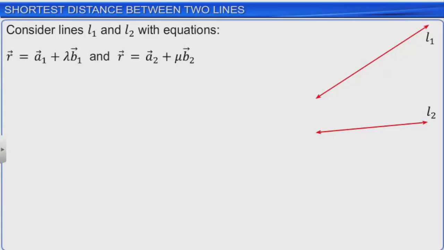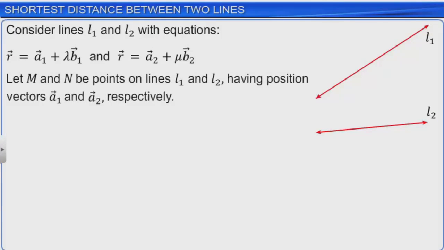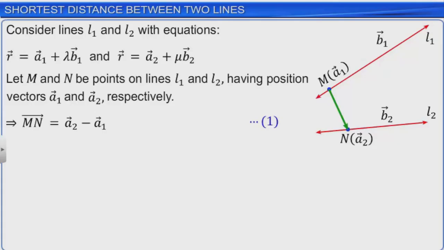Here, A1 and A2 are the position vectors of points, say M and N, on lines L1 and L2 respectively. Thus, vector MN is given by vector A2 minus vector A1. Let this be equation 1.